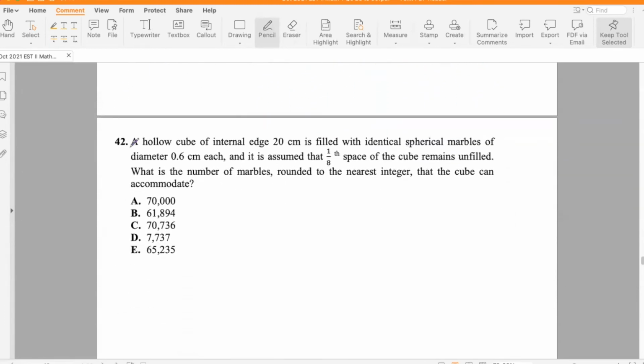A hollow cube of internal edge 20 centimeters is filled with identical spherical marbles of diameter 0.6 centimeter each, and it is assumed that 1/8 space of the cube remains unfilled. What is the number of marbles, rounded to the nearest integer, that the cube can accommodate? Okay, so the volume of the cube is 20 cubed, which is 8,000, and 1/8 is unfilled.